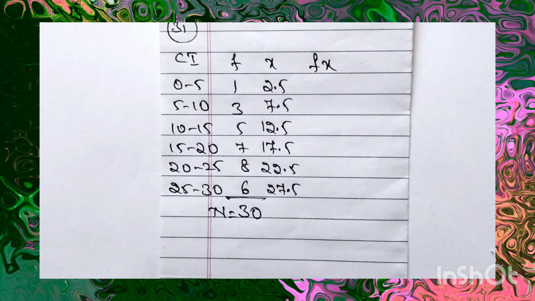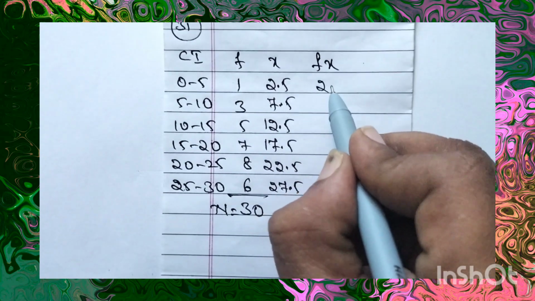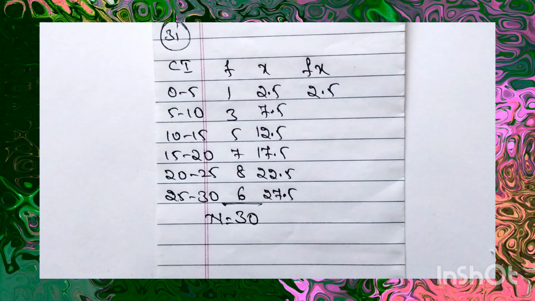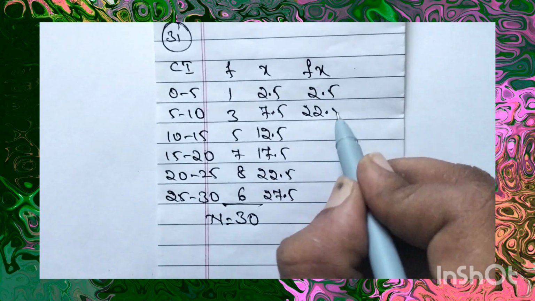Now you have to multiply f and x. So let us multiply f and x. First, 1 into 2.5 is 2.5. Then 7.5 multiplied by 3 gives 22.5.